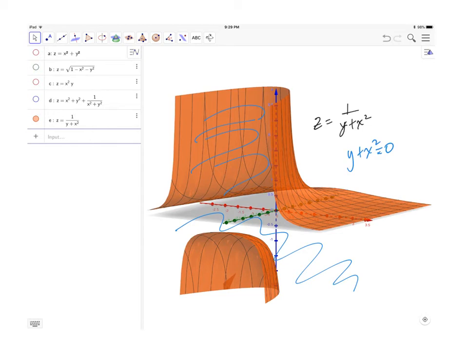So you get these two pieces of this function. Kind of like when you had vertical asymptotes. It's that same sort of idea, except that it's not just a single line you can't cross. It's like a whole chasm, a whole part of the 3D area you can't cross, right? You get these large gaps.